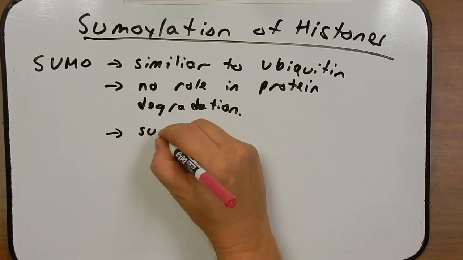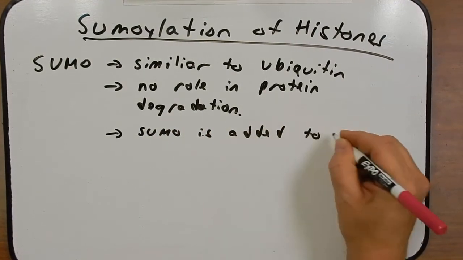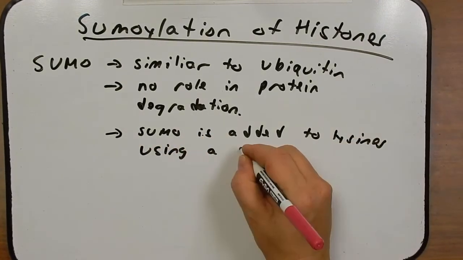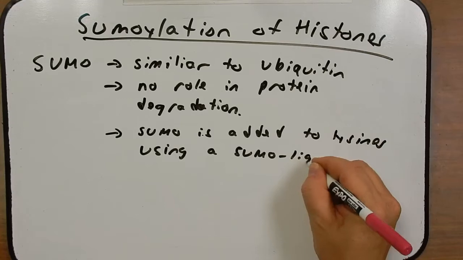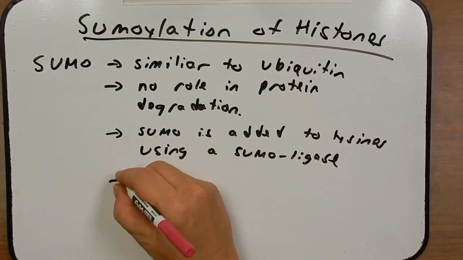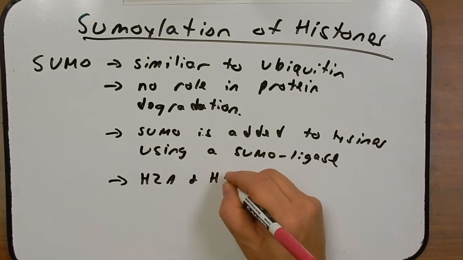The sumo group is added to lysines using a sumo ligase. Like ubiquitination, sumo also has a preference for H2A and H2B.